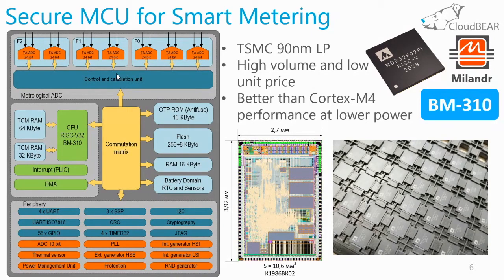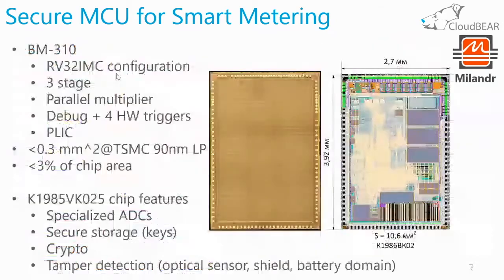In the first generation, Milan were using ARM Cortex-M0, but in the new generation, they want improved performance, better than Cortex-M4, which we were able to provide with our BM310 solution. So our BM310 was the ideal choice.